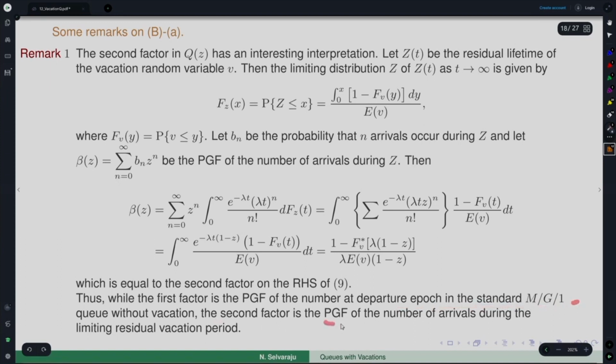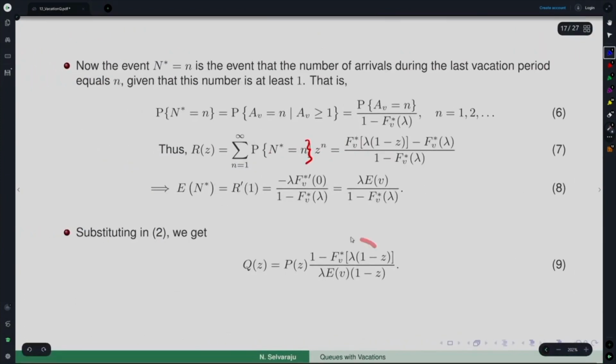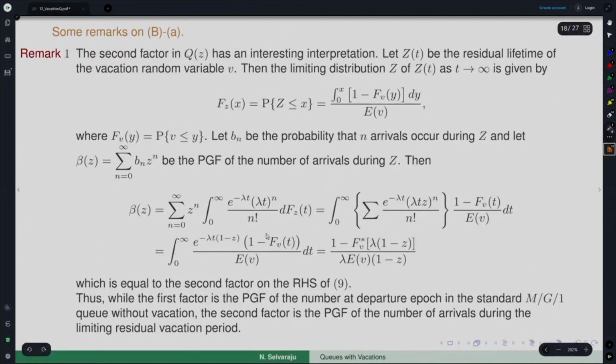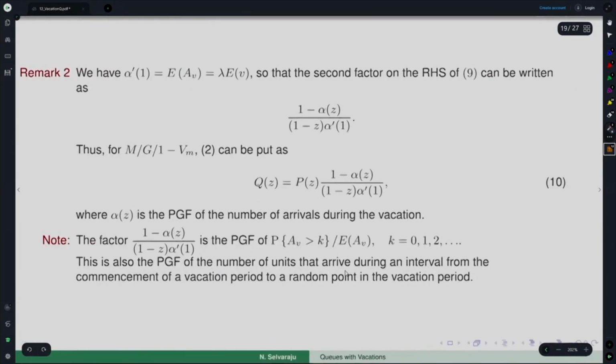The second factor is the PGF of the number of arrivals during the limiting residual vacation period. So it is not just some expression that we are obtaining, it has an interpretation. That is what is important and relevant in this particular scenario. That is one remark.